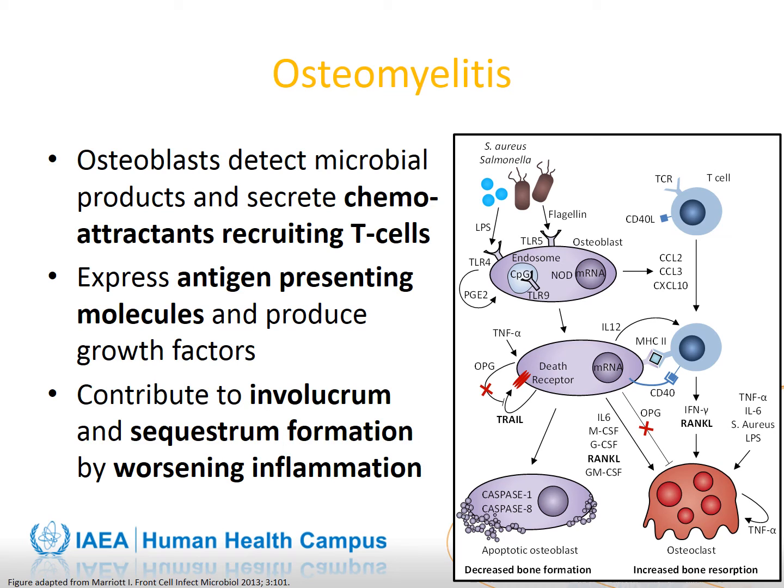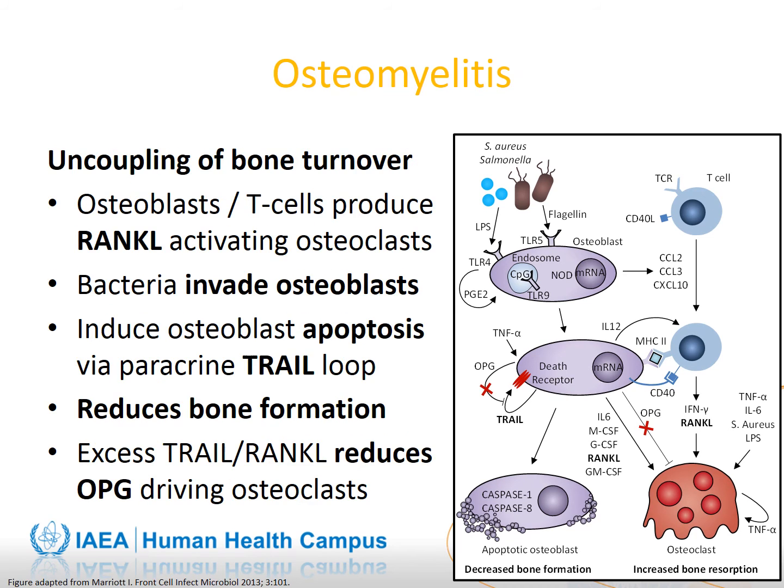As a result, T-cell attracting chemokines will be secreted to initiate an adaptive immune response. At this stage, osteoblasts can become true antigen-presenting cells binding with T-cells through the major histocompatibility complex 2 receptor and contribute to worsening inflammation. In essence, what follows involves a decoupling of the otherwise closely orchestrated process of bone formation and resorption.